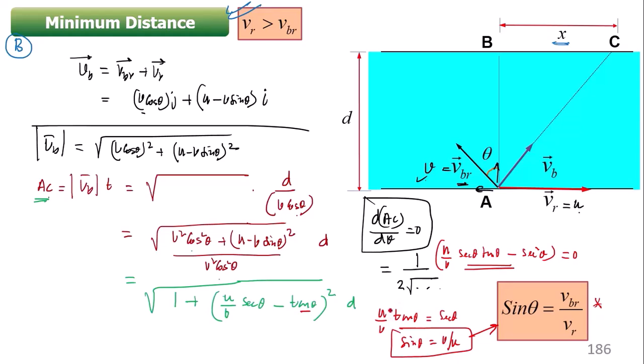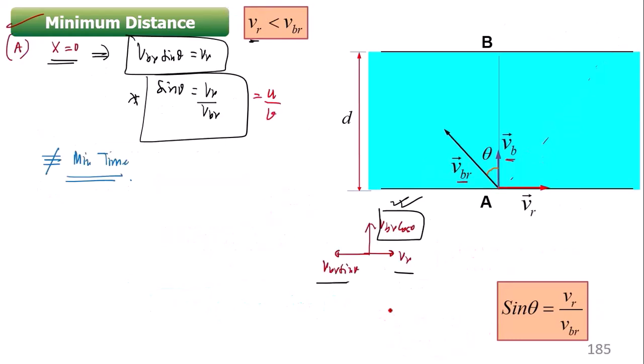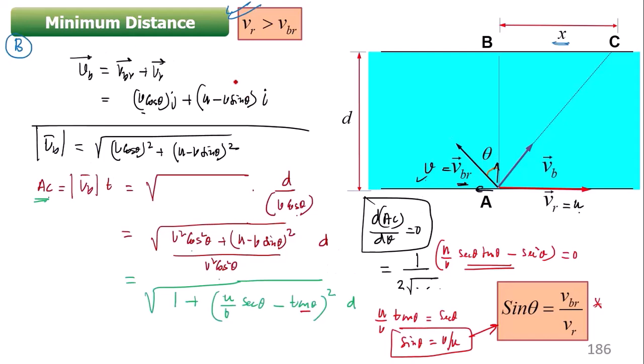It depends on the problem. If in the problem the value of V, that is VBR, is more than U, then you go for the first one, case number A, for minimum distance. If V is less than U, then case number B. So there are two situations under which I can calculate the minimum distance.